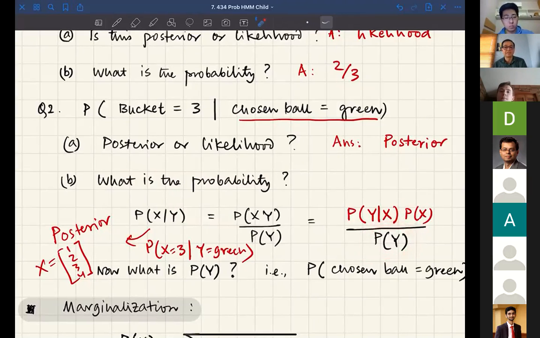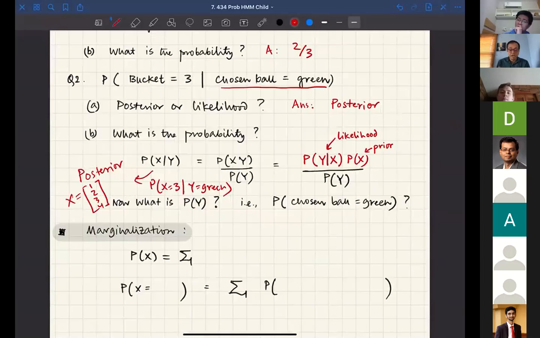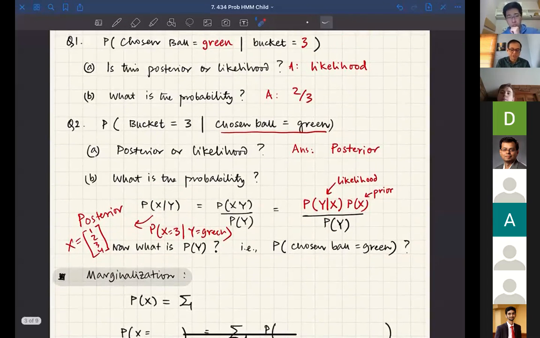So we are not done yet. But we have written the posterior in terms of the likelihood. So let's define some terms here. This is likelihood. This is called the prior. We have not finished the problem, but we have some handle. We cannot compute posterior directly, but likelihood we can, because py given x we've already computed over here. 2/3.